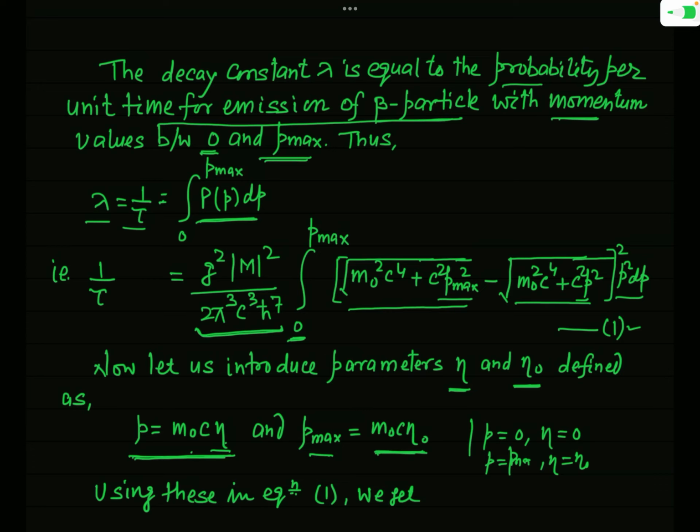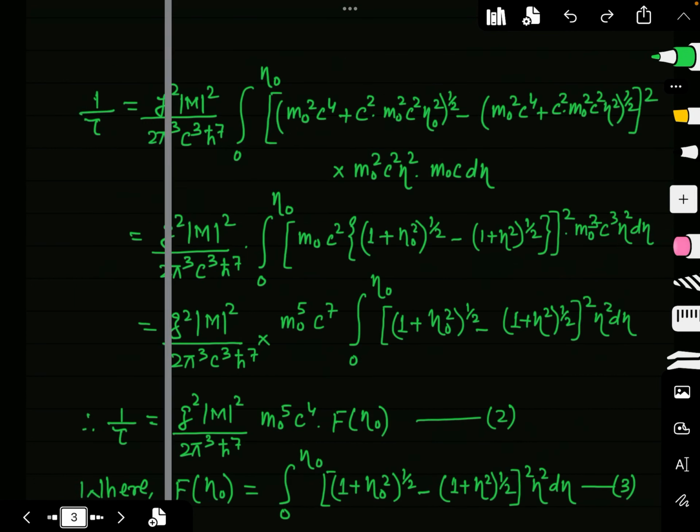And in place of p square we will write m naught square c square eta square. And what will dp be? Since p is equal to m naught c eta, dp will be m naught c d eta.